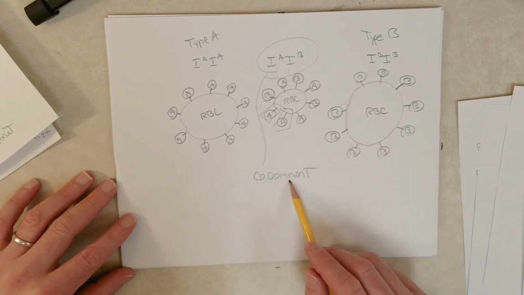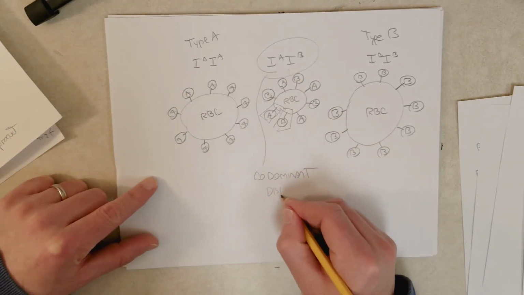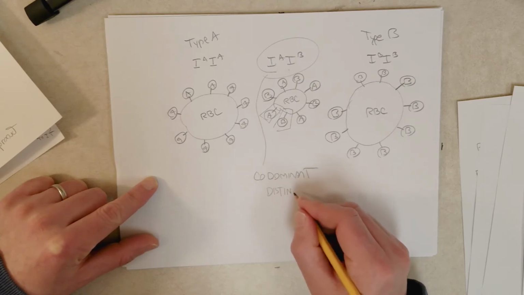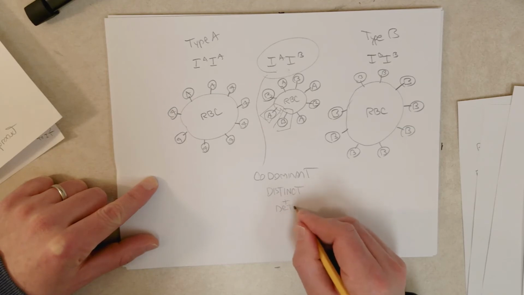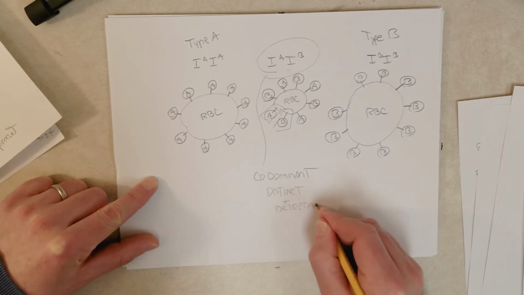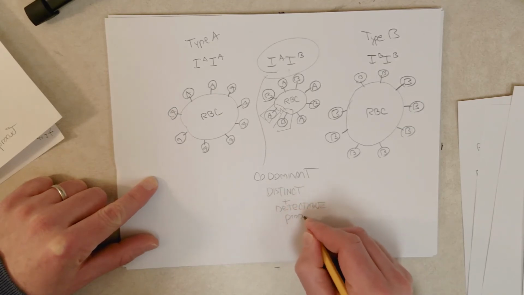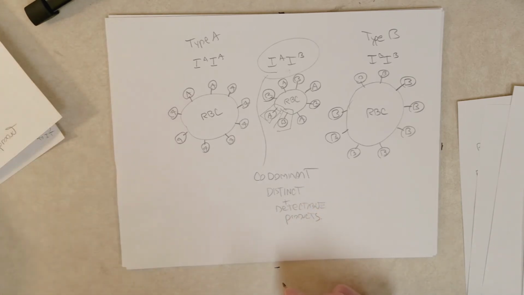So that's why they are codominant. The alleles make distinct and detectable products. So they are codominant.